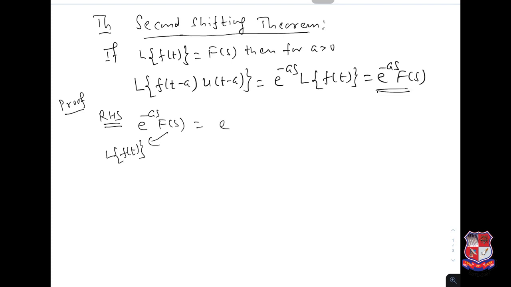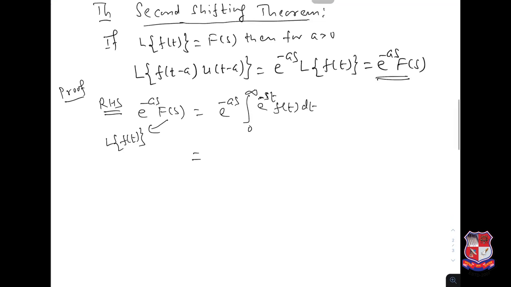So this is equal to e to the power minus as integration 0 to infinity e power minus st f of t dt.